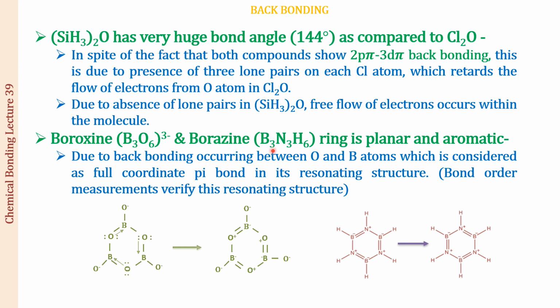So borazine, B3N3H6, is in fact called inorganic benzene because it has a structure similar to that of benzene. Alright, and that is attributed again to the back bonding between boron and nitrogen. Nitrogen is going to be the electron pair donor and boron is going to be the electron pair receiver.